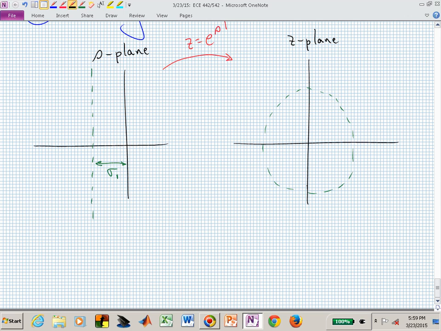And we could label this and say this is now e to the minus sigma 1 T. Now, what if we went further over and said, let's move our poles further into the left half plane in the s-plane, where does that map in the z-plane?